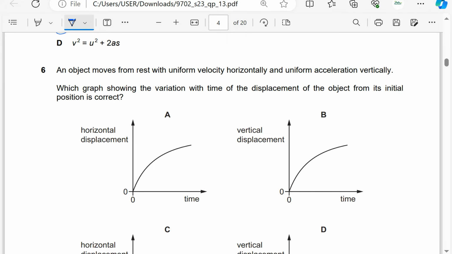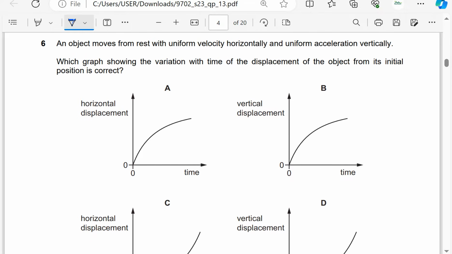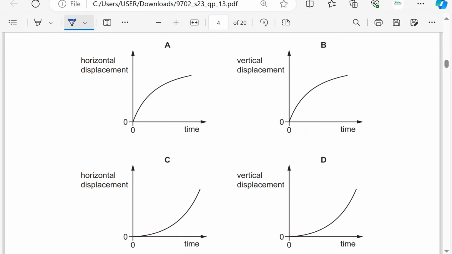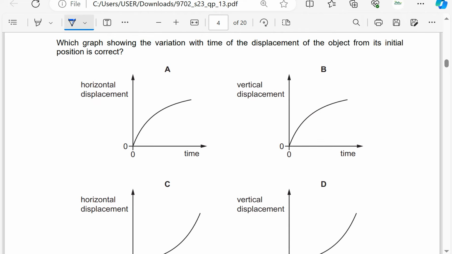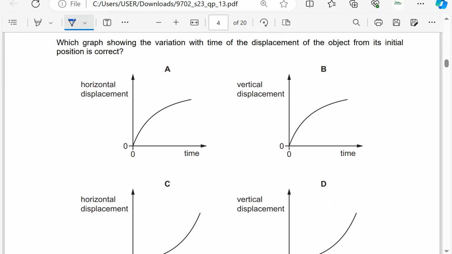An object moves from rest with a uniform velocity horizontally and uniform acceleration vertically. Which graph shows the variation with time of the displacement of the object from its initial position? So these are graphs of displacement against time.